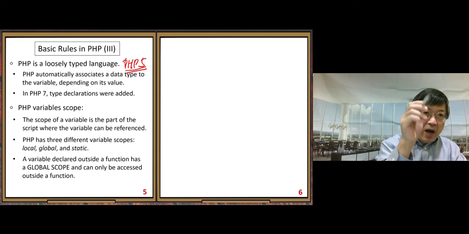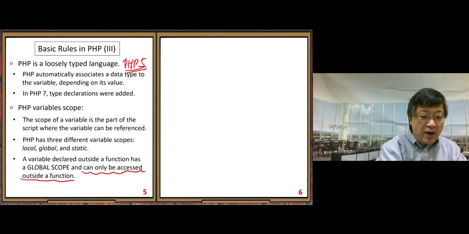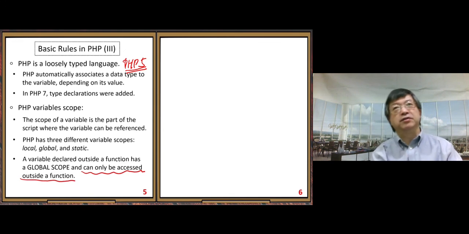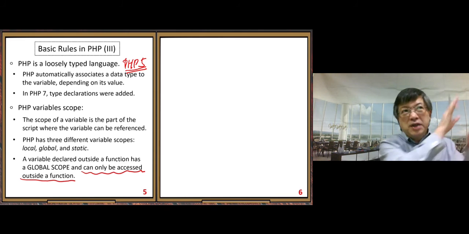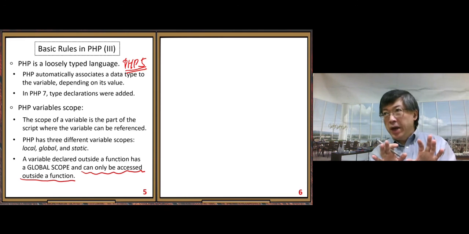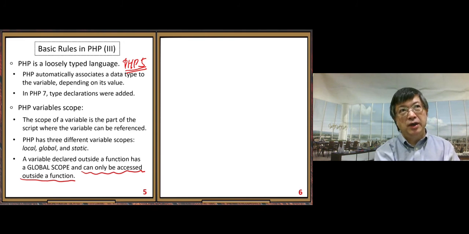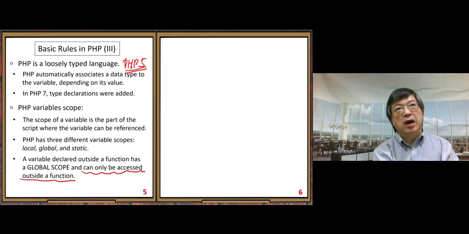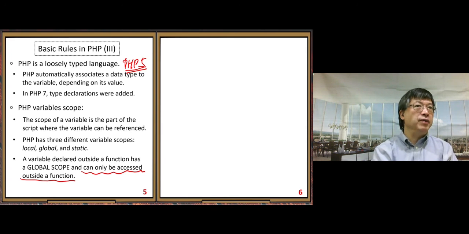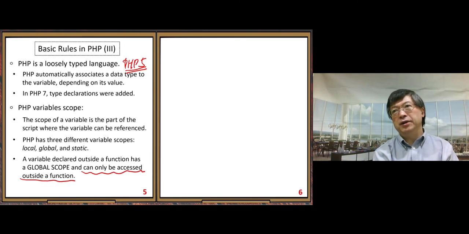A variable declared outside a function has a global scope and can only be accessed outside a function, but not inside a function. Inside a function, you cannot. So this rule is a little special. The reason is simple: to avoid some notorious errors, because some errors are very annoying and very hard to find.